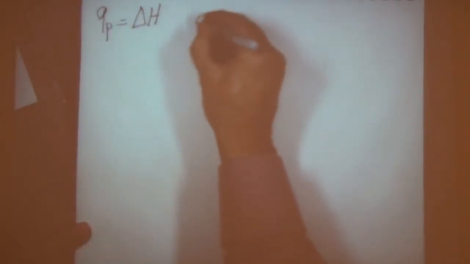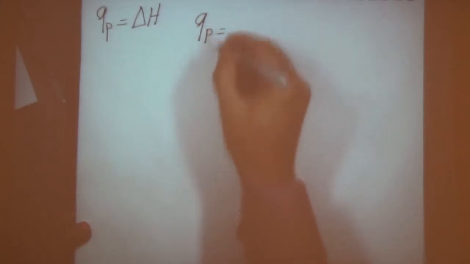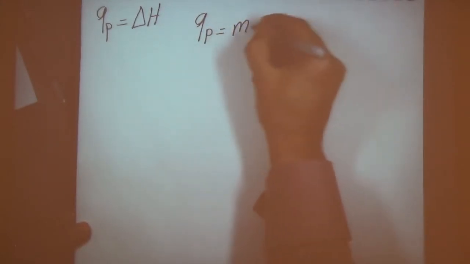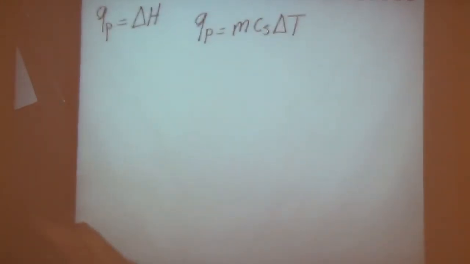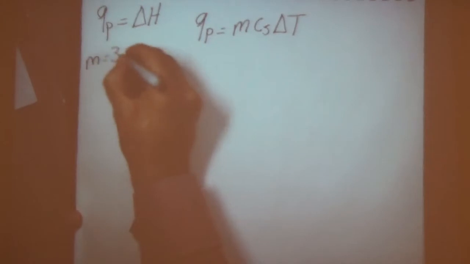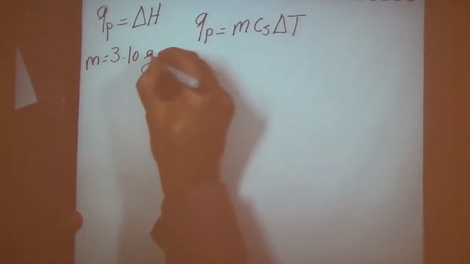So we have the formula that says heat under constant pressure is equal to delta H. Heat, you can write as mass multiplied by specific heat capacity multiplied by delta T. They gave you the mass, and the mass is equal to 3.10 grams.